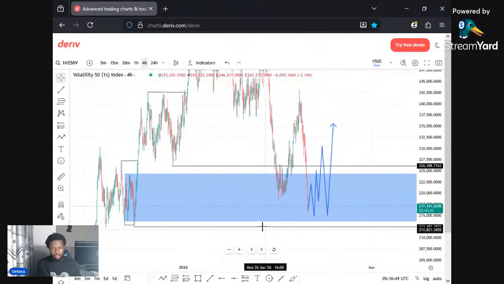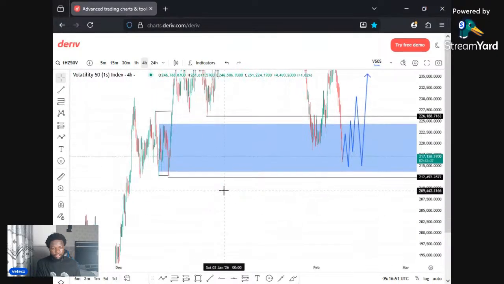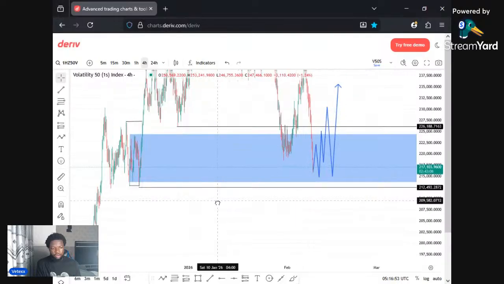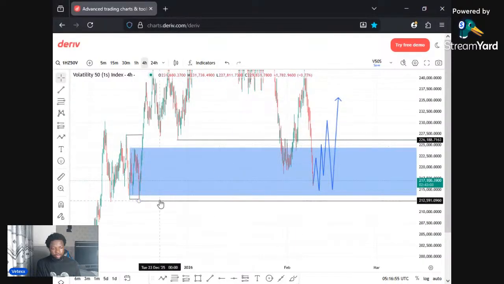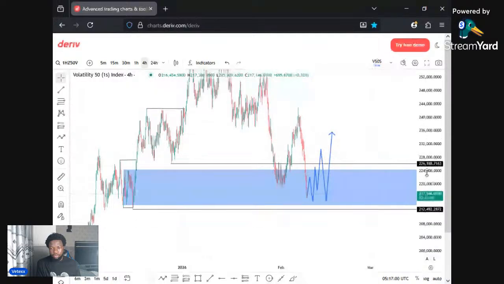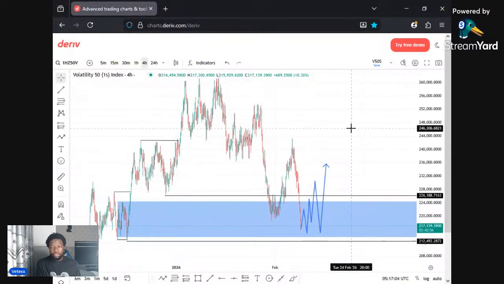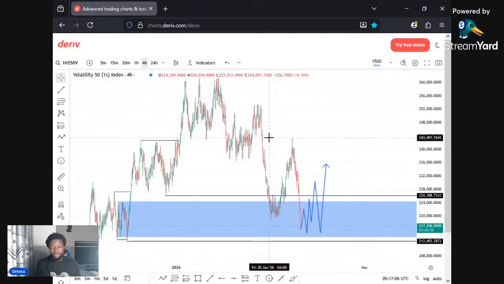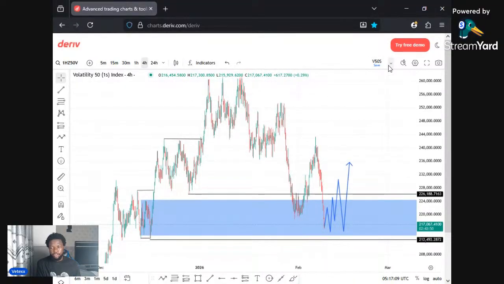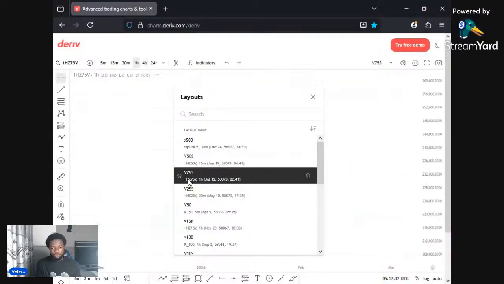Hopefully it does this, give us what we are looking for, and then continue the move to the opposite direction. So currently this is what we have on V51S. Nothing happening yet. So we'll check the next pair to see if we are going to find a setup.